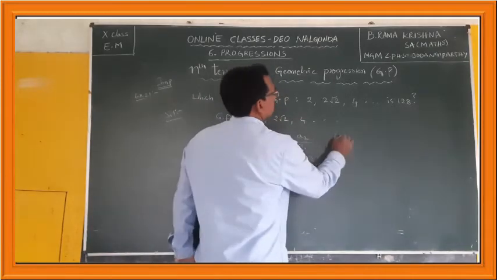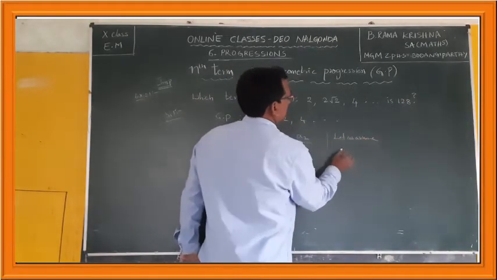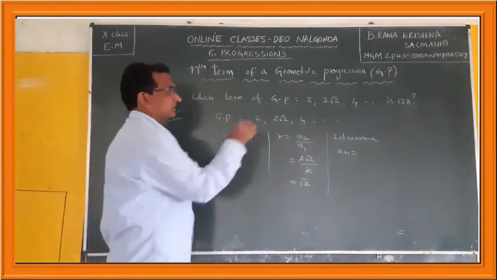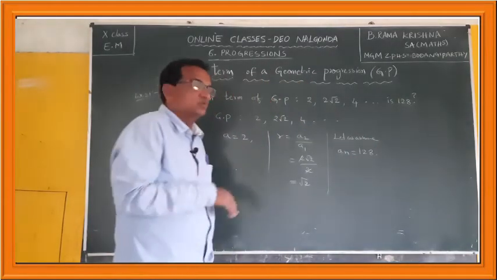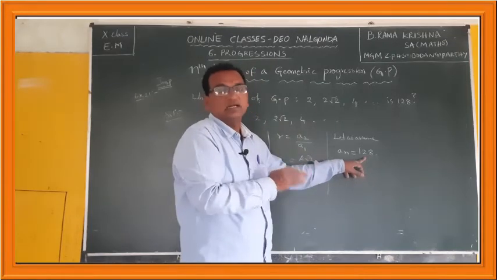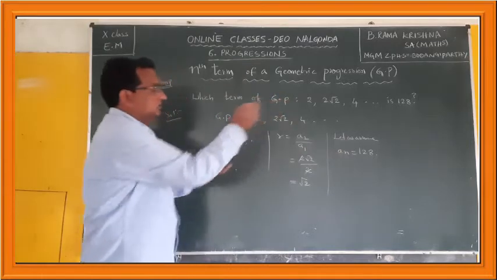Let us assume the nth term is equal to 128. He is asking us to find the number of this term. Let us assume that is the nth term and find n. If you find n, we can know that it is the so and so term.